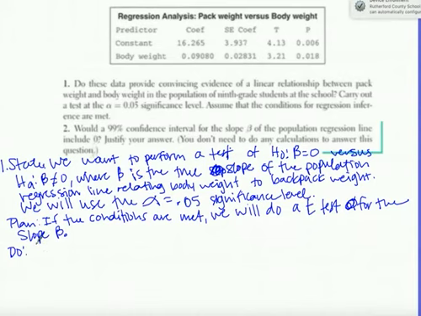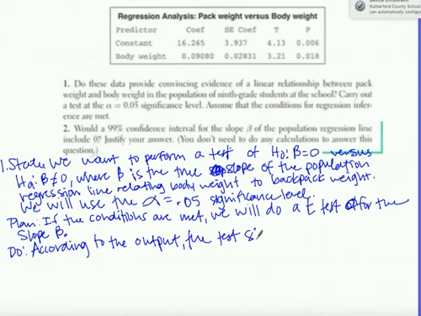So according to the output, which is up here, we can get the t and the p from that. The test statistic is t equals 3.21. Remember, you're going to go in the row that has to do with what the slope is.